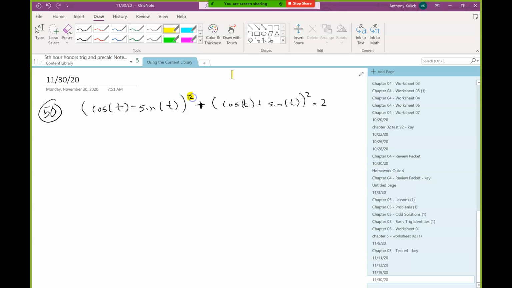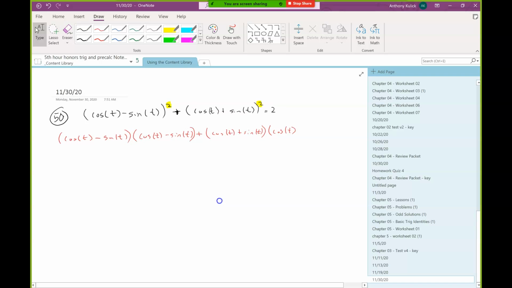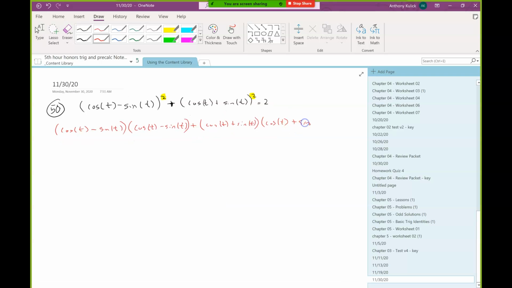Hopefully the obvious thing to do is to get rid of these squares. To do that, we're going to have to FOIL. Remember that a square outside a set of parentheses really means we have the expression written twice.